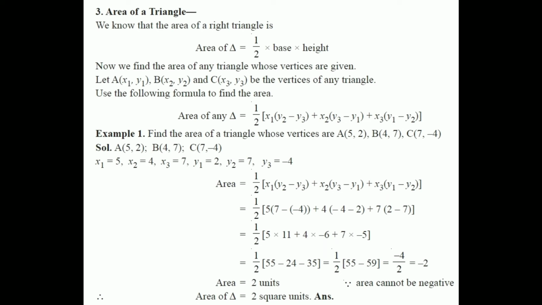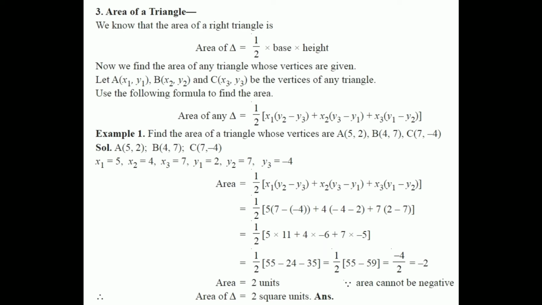And doing the multiplication now, we have area is equal to 1 by 2 into (55 minus 24 minus 35), and net it becomes 1 by 2 into (55 minus 59). So total is minus 4. Into half means minus 4 by 2, and after cancellation we have minus 2.